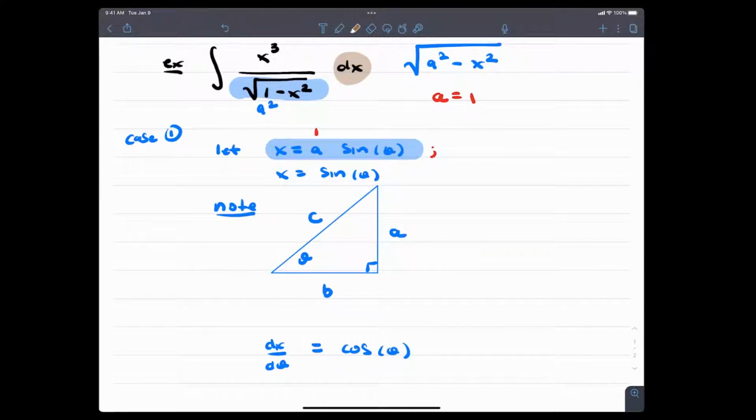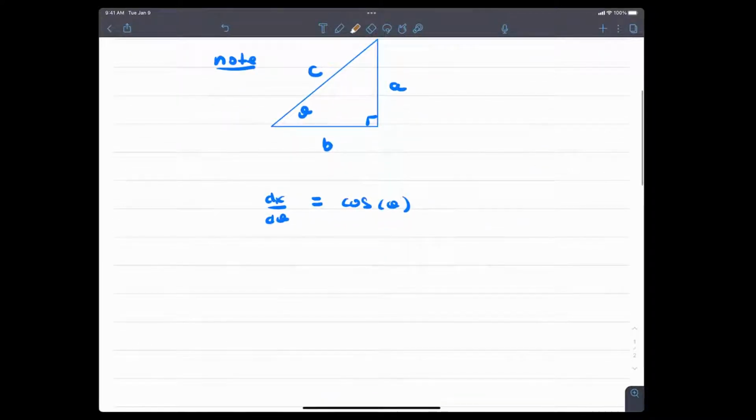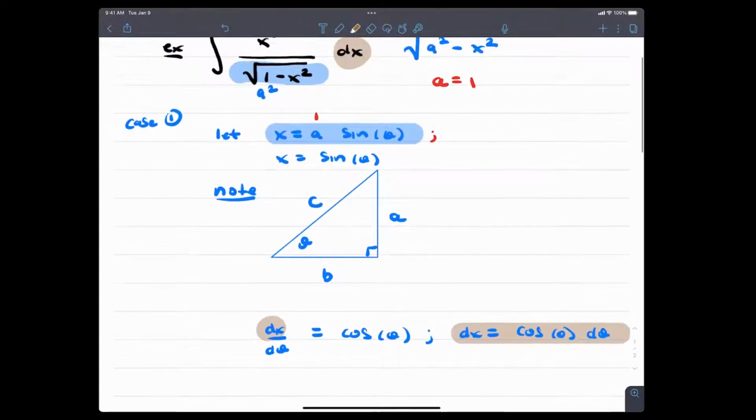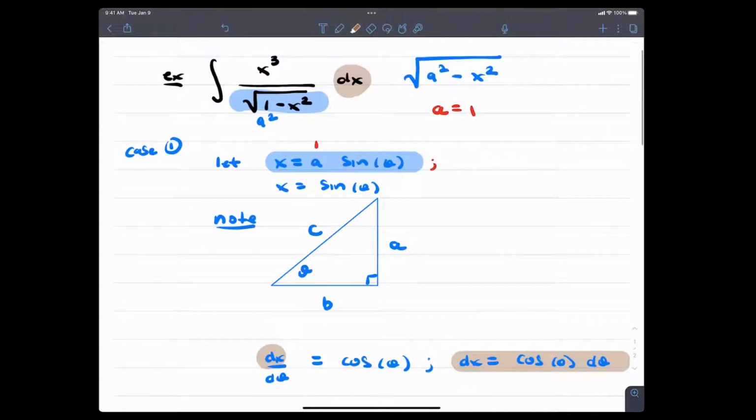Okay, you guys okay with that one? So you say, okay, dx, what is dx going to be? Right? Dx is simply going to be cosine theta d theta. So doing a substitution, I'll keep saying that phrase, we have these values here.